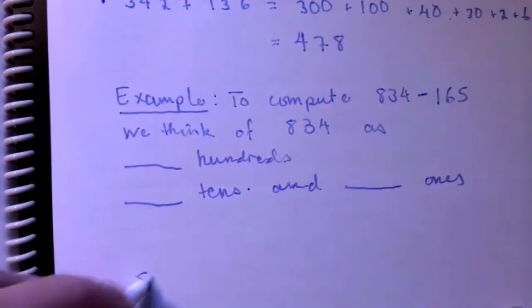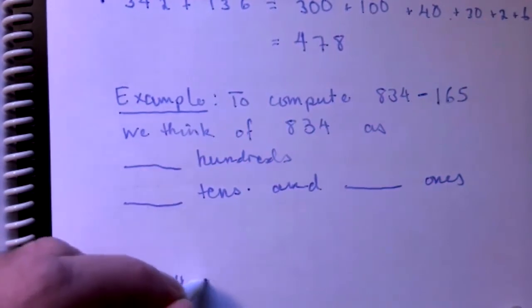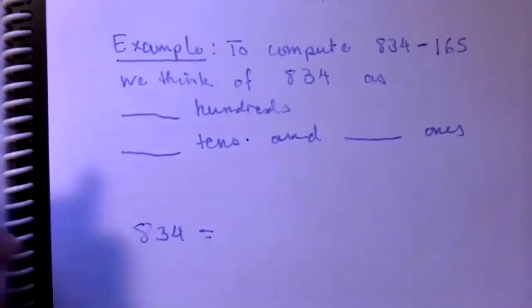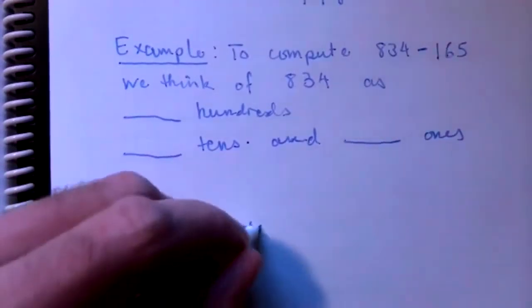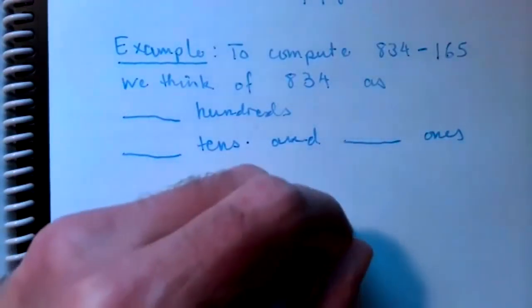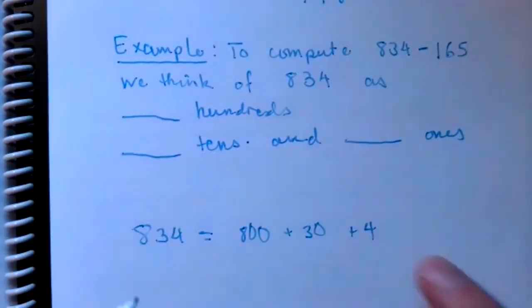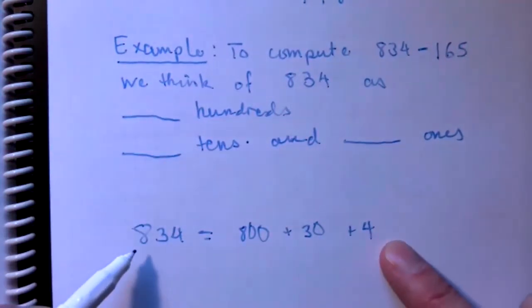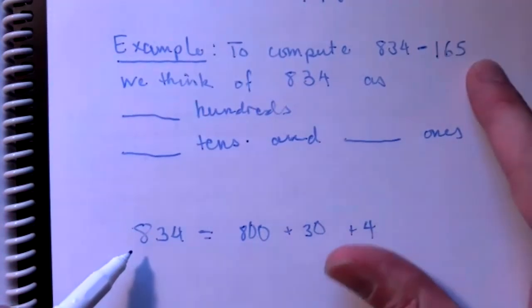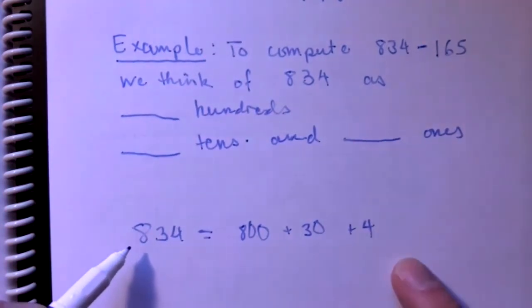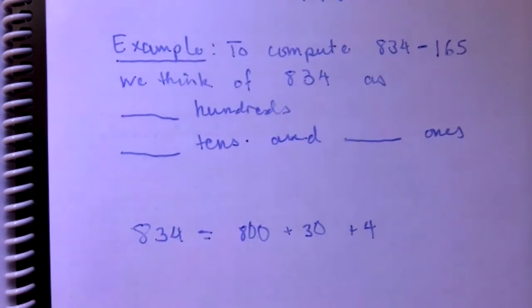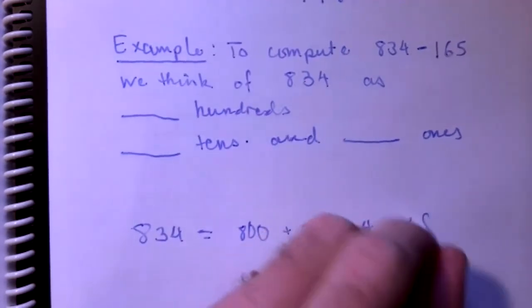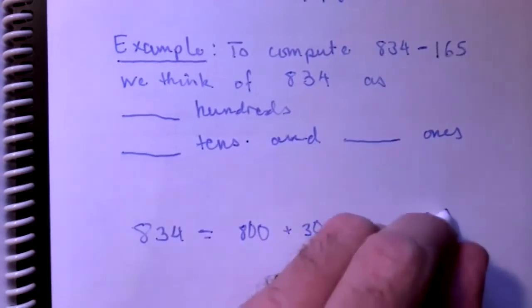Okay, now ordinarily, 834 would be thought of as 8 hundreds, 3 tens, and 4 ones. Okay, now why isn't that helpful for this problem? What's the issue? Why can't I think of it like this? Or why isn't it helpful to think of it like this when I'm doing my subtraction problem?